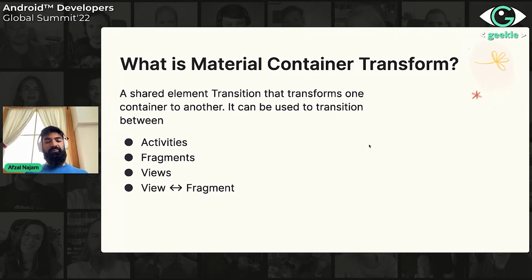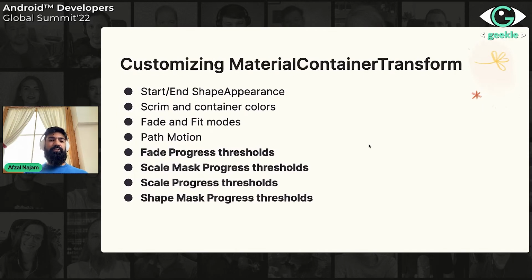There are lots of customizations as it's a shared element transition. You get all the customizability of a transition and animators. But in addition to those, you get these as well. You can morph the shape of the start container or the outgoing container to the shape of the incoming or end container.